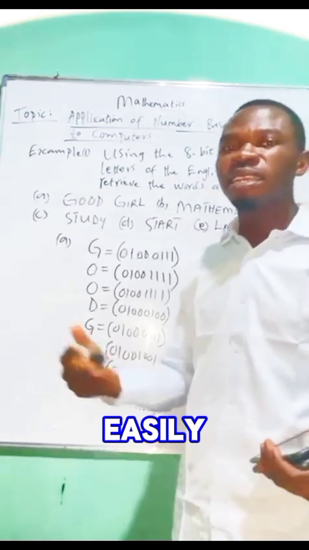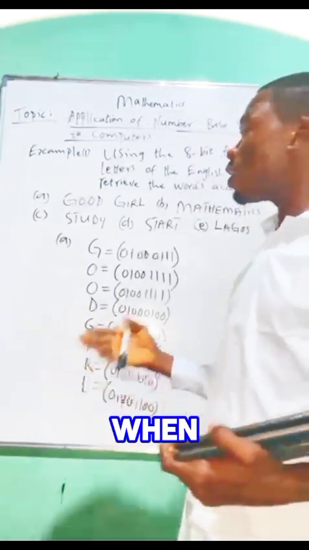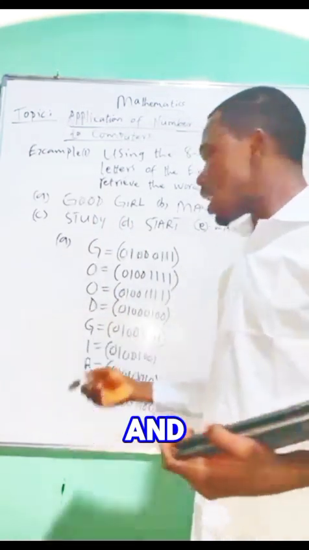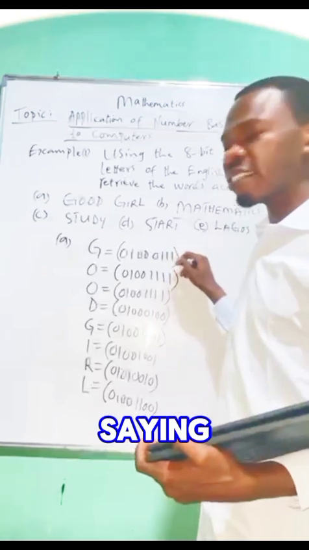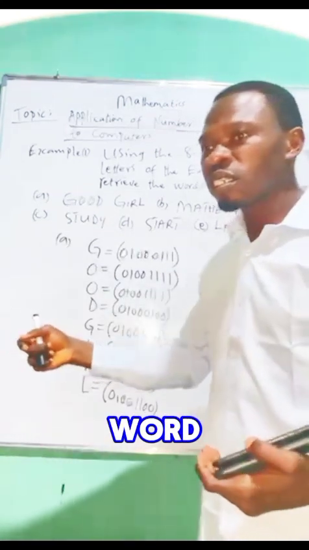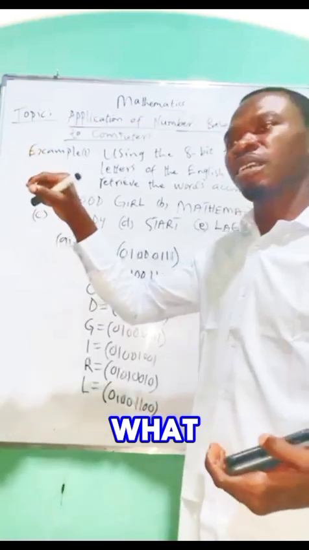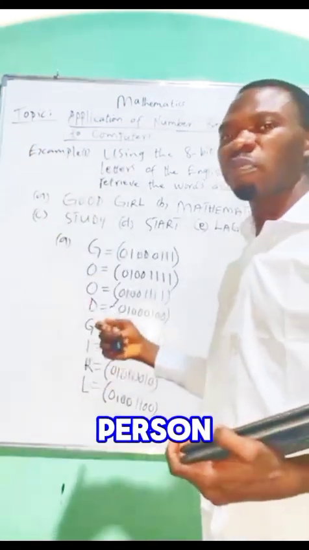We can easily navigate around words. So when words are given, we encrypt with the words and we ask you to decrypt. I can give you the code and ask, can you read what the person is saying?